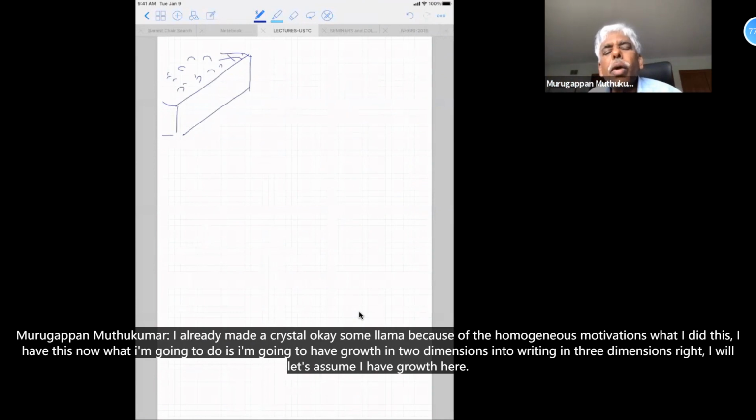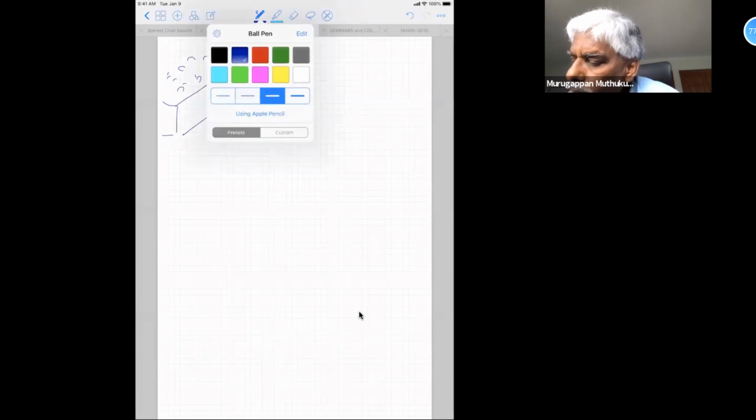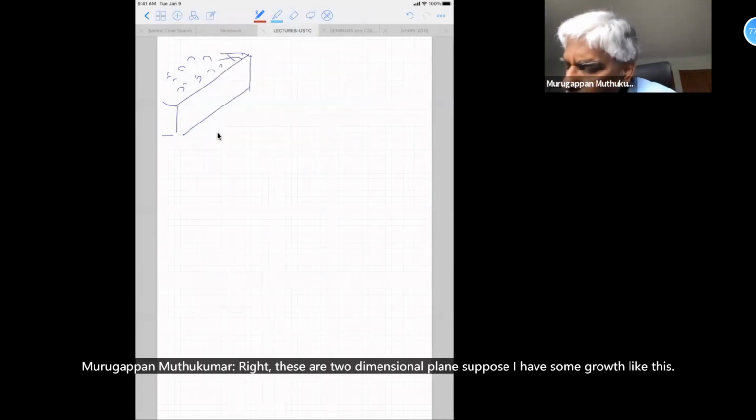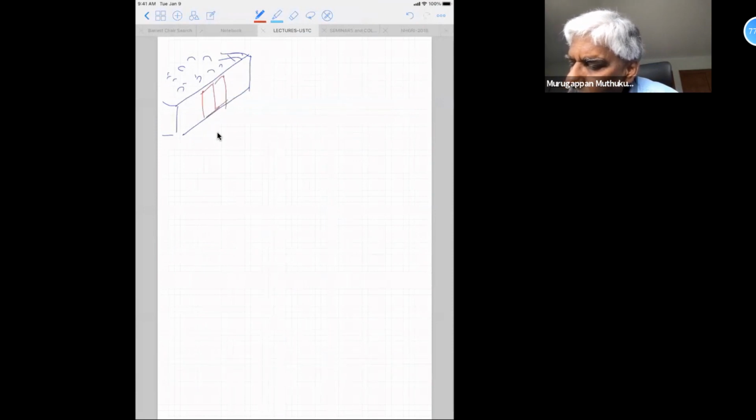Now, what I'm going to do is have growth in 2 dimensions, instead of in 3 dimensions. Let's assume I have growth here. This is a 2-dimensional plane. Suppose I have some growth like this, a 2-dimensional nucleus.